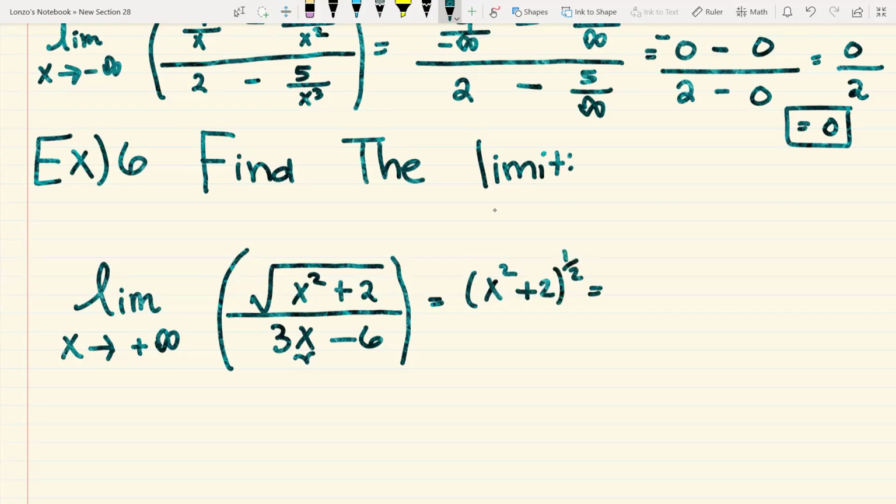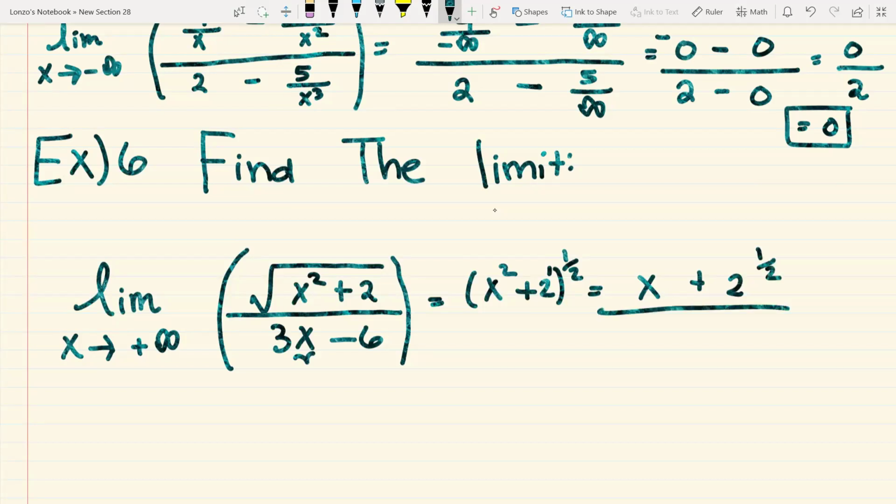Remember, what's the rule for when you're raising exponents? You multiply. So x squared times 1/2 is just x to the power of 1. And then plus, this 2 has a power of 1, so what's 1 times 1/2? That's 2 to the 1/2, correct?